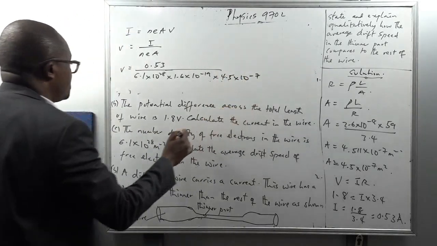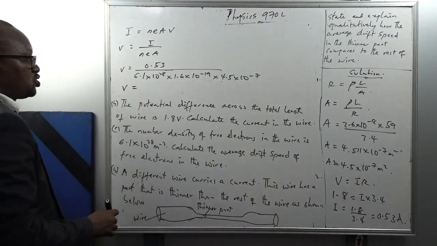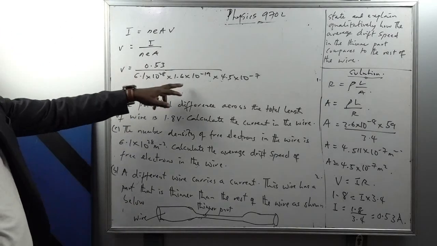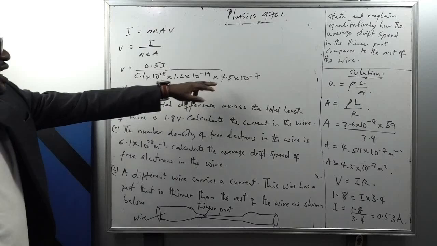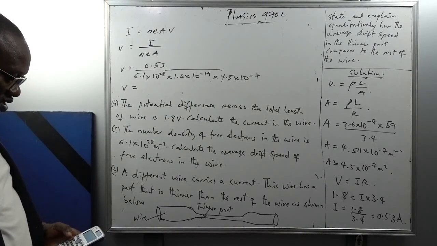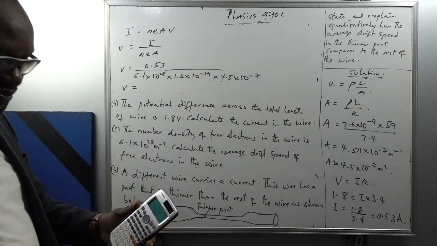Minus 7. So the drift speed will just be, you put all of this in your calculator. You know what the current is, number density is given, elementary charge is a constant, and that is the cross-sectional area. You put it once again in your calculator, use the part of the calculator that has fraction.